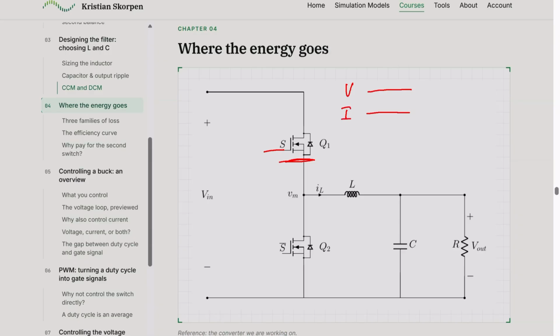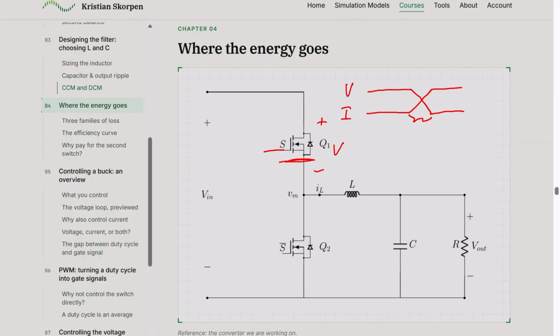Now, when you switch on the switch, right now it's off because the voltage over the switch is high, and the current is zero, so there's no current flowing. But when you switch, the voltage falls and the current rises. And then you would get some losses in this region here, in the transient when you're switching.